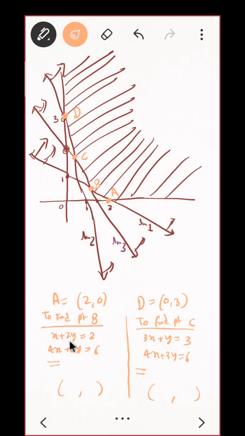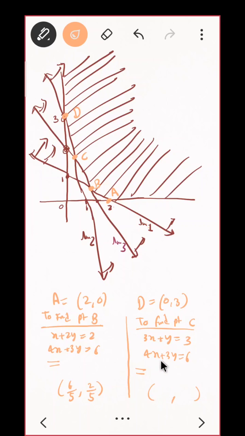6 by 5, 2 by 5. Anybody else with this solution? Okay, good. Find point C now.